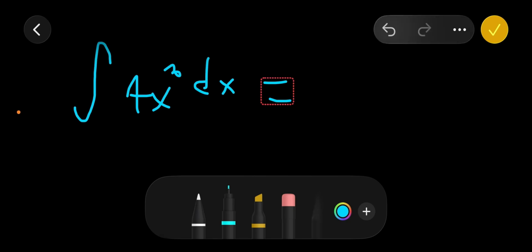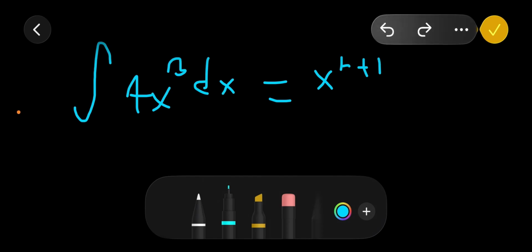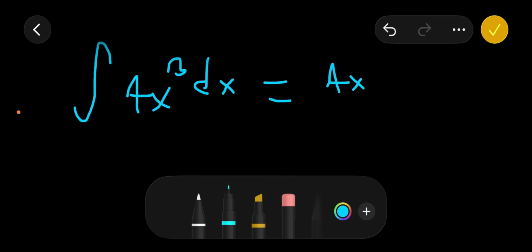Let's find the original function. So, it was x to the power of n plus 1 divided by n plus 1. We have 4x cubed. So we have 4x to the power of 3 plus 1, or just 4, and then divided by 4. And they cancel out and give us x to the 4th, our original function.